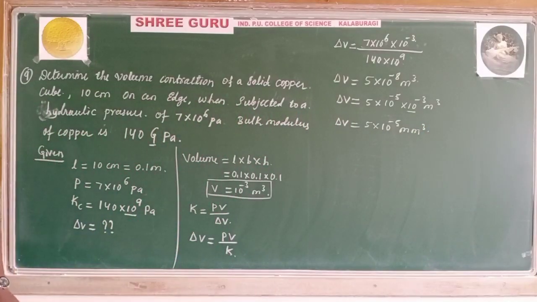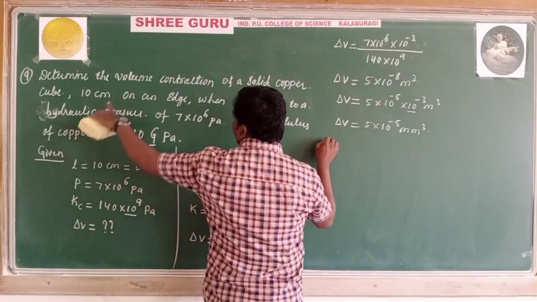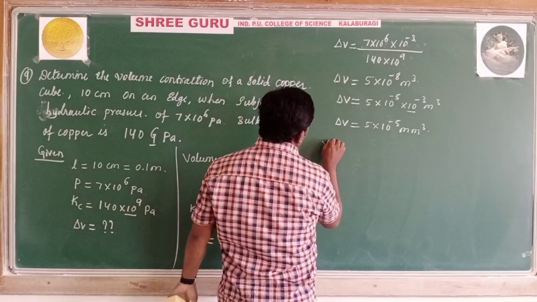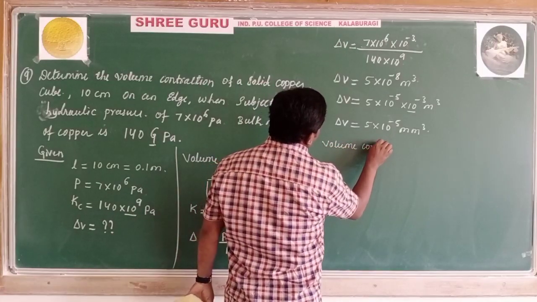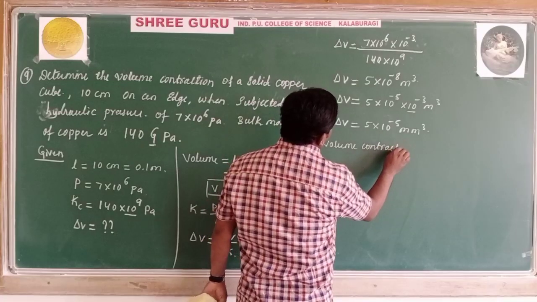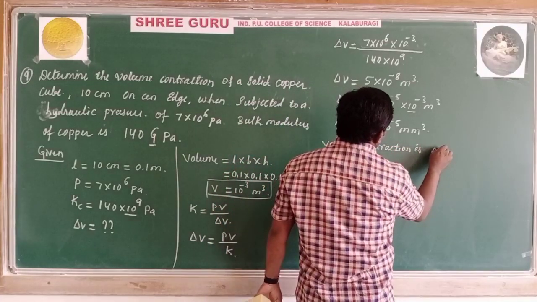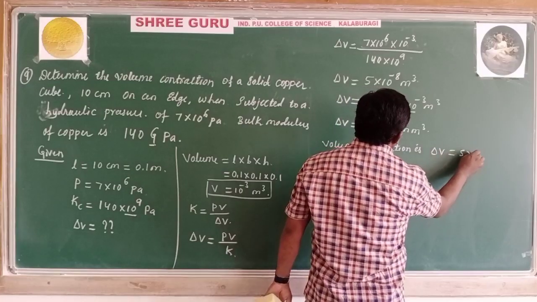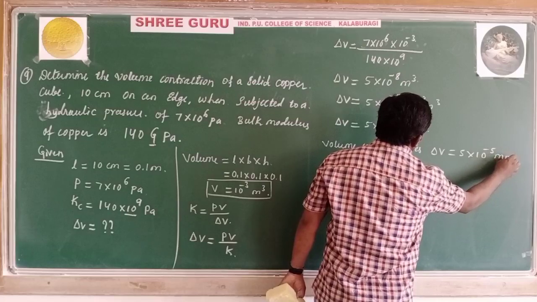This is the final answer. The volume contraction delta V is 5 into 10 raised to minus 5 millimeter cube.